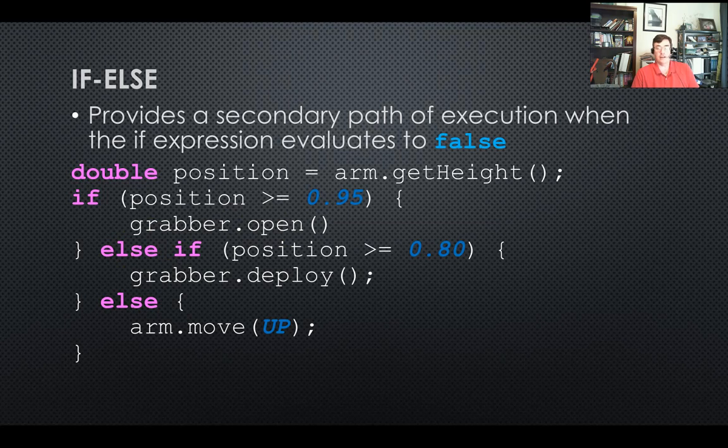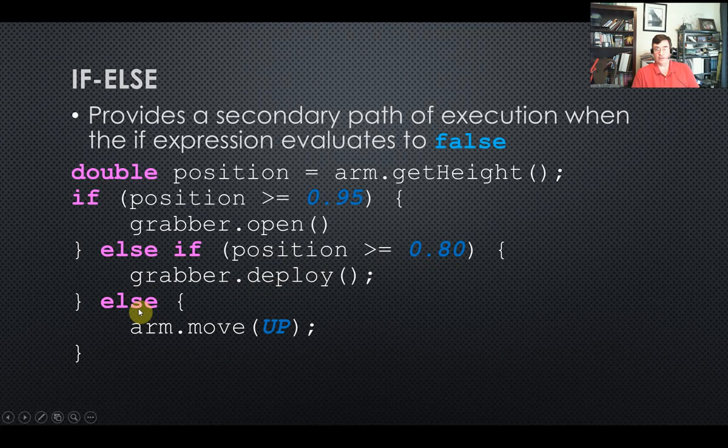So if we're not greater than or equal to 0.95, we're then going to evaluate a second if statement. This if statement checks to see if the expression position greater than or equal to 0.8 evaluates to true. If it does evaluate to true, we execute or invoke the deploy member of grabber.